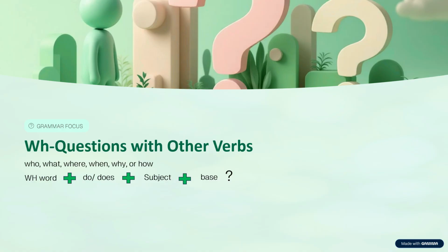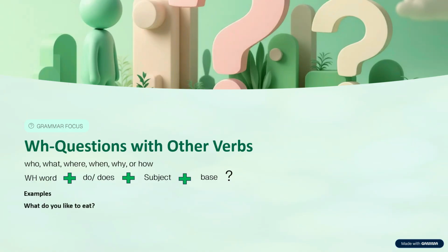Just like in affirmative and negative sentences, the main verb stays in the base form even when the subject is he, she, or it. Remember, we always use does with he, she, and it, and do with I, you, we, and they. Here are some examples.